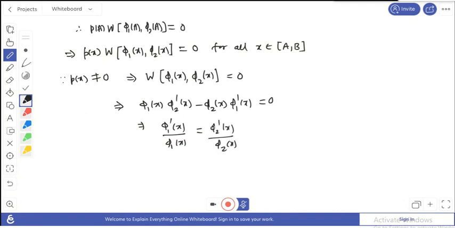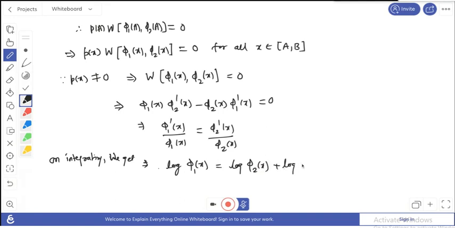If we integrate both sides, we get log of phi 1(x) equals log of phi 2(x) plus a constant, where a is the integration constant.